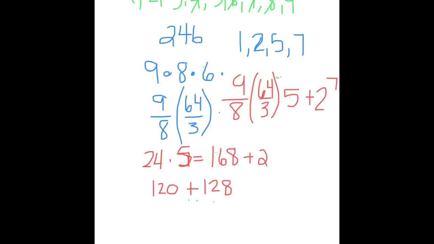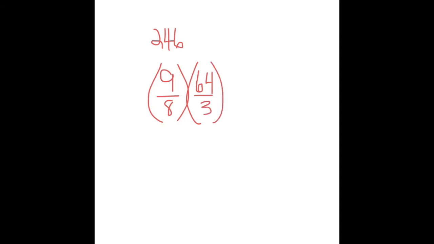All right, so this is what I have. I haven't figured it out yet. I've changed all mine up. So let's go to a new screen. We're looking for 246. If someone else has figured it out, I would love to know what it is. So I have 9 divided by 8. I know it's possible, I just haven't figured it out yet. Times 64 over 3 times 5 plus 2 to the 7th power minus 1.